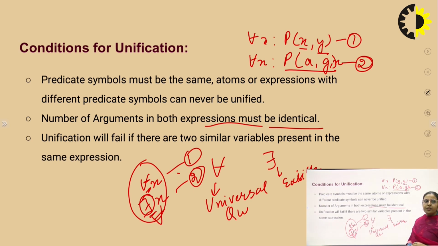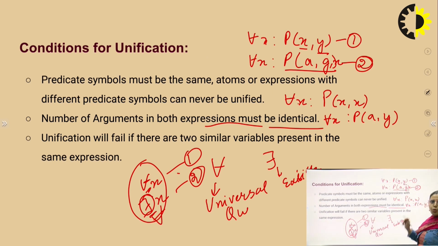Now the third condition is that unification will fail if two similar variables are present in the same expression. For example, p of x comma x, and another expression p of a comma y. Let me tell you how we can verify whether the conditions are satisfied.